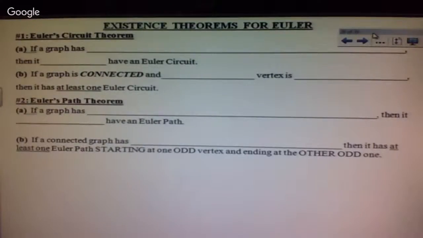Okay, so the theorems that you just came up with state: if a graph has any odd vertices, then it cannot have an Euler circuit. Remember, we said the Euler circuits have to have all even. So if there's any odds, it's automatically not a circuit.